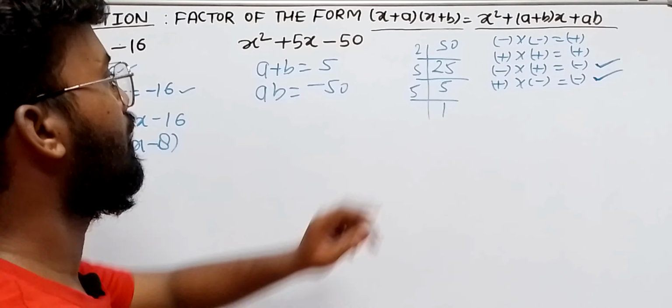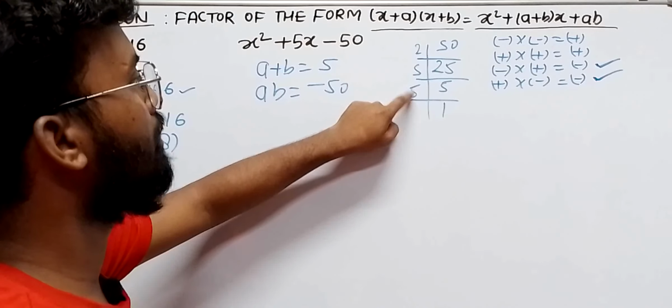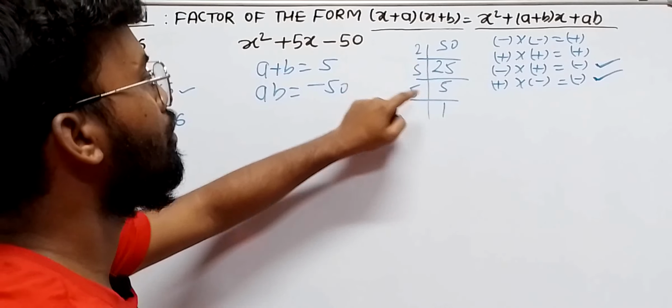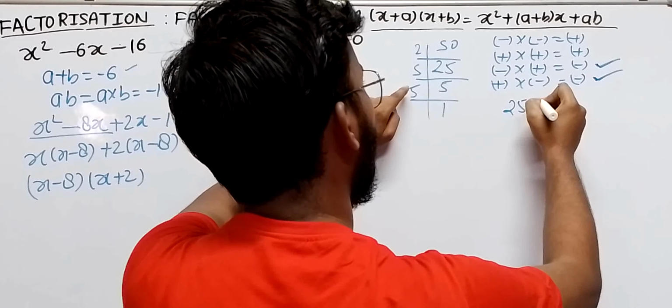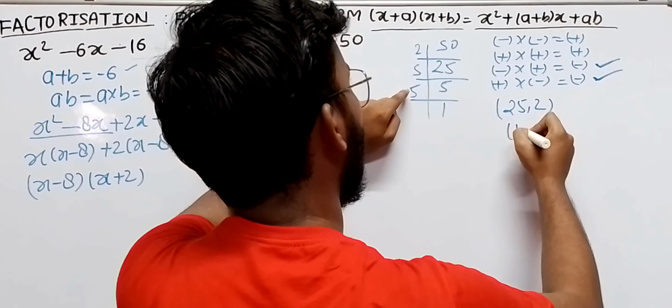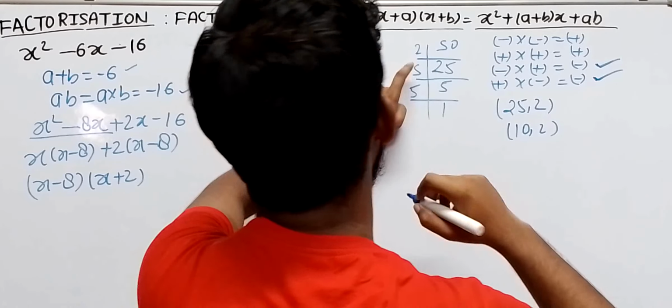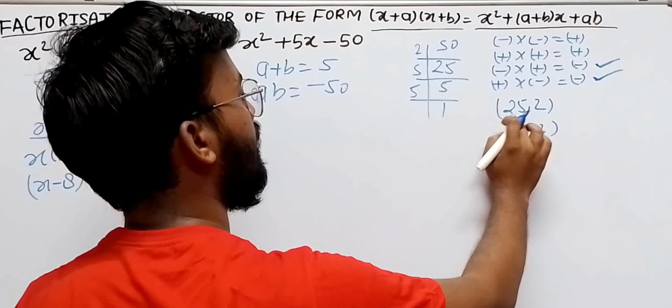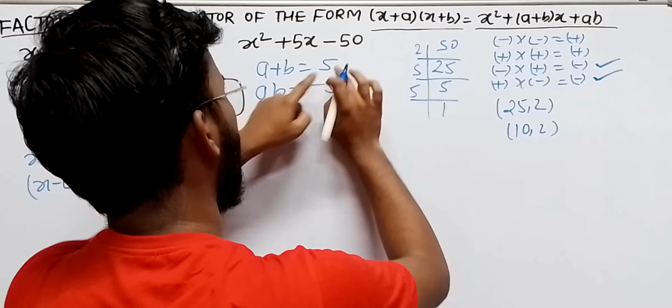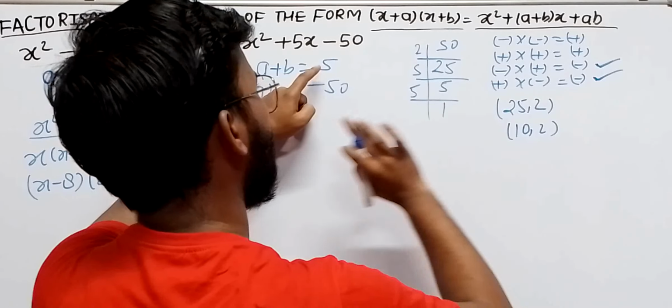So either we take 5 into 5, that is 25 comma 2, or 5 into 10, 10 comma 2. If we take these two values and add, we are not getting 5. If we subtract, also we are not getting 5.